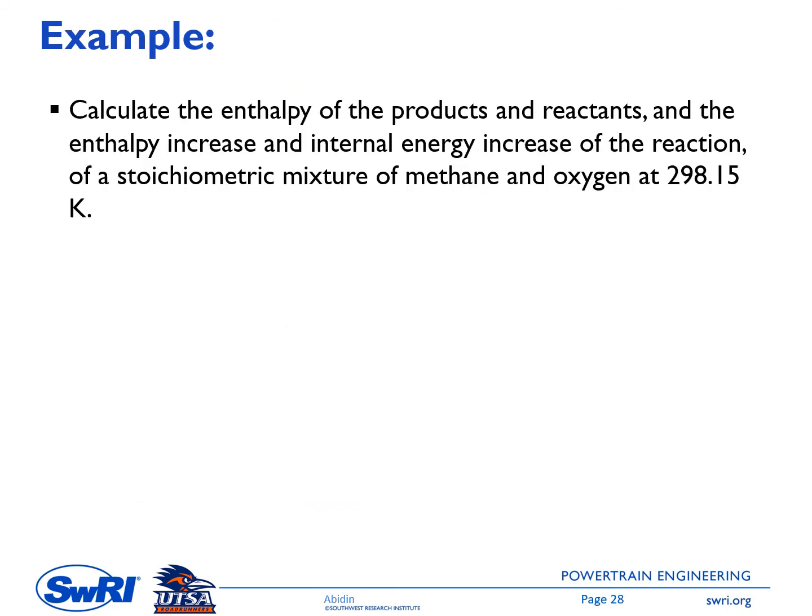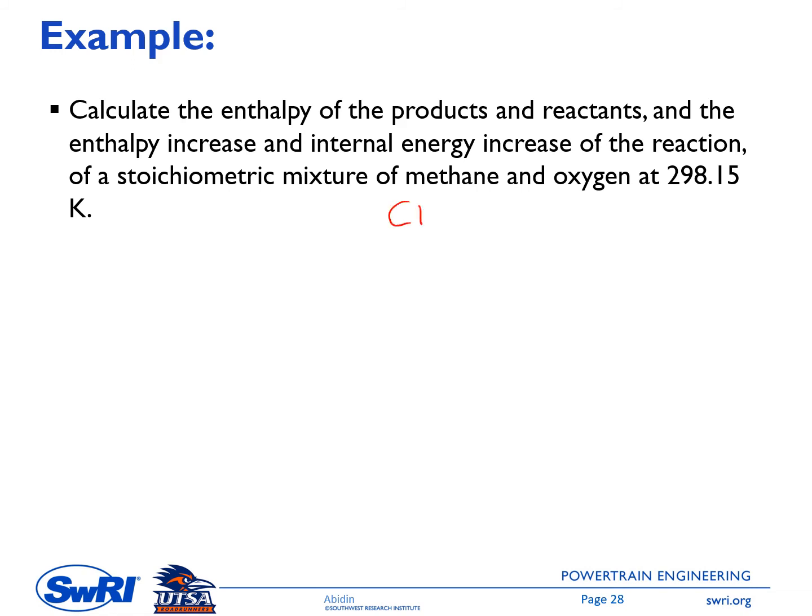Let's take a look at this example. Calculate the enthalpy of products and reactants and the enthalpy increase and internal energy increase of the reaction of a stoichiometric mixture of methane and oxygen at 298.15 Kelvin. So this is also 25 degrees C, the standard condition.